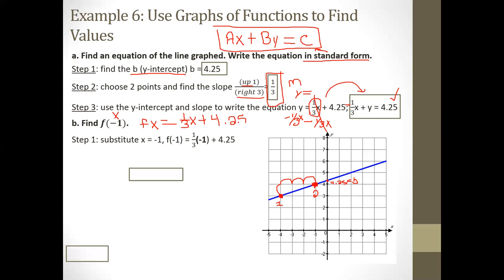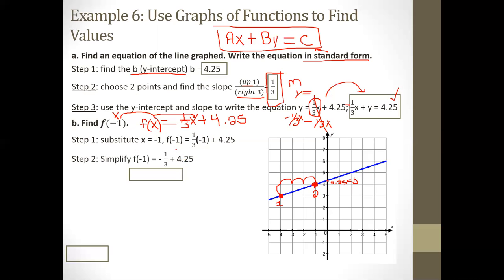So in order for us to find the value of this function when x is -1, we're going to substitute -1 everywhere we see x. So this becomes f of negative 1 equals 1/3 times negative 1, plus 4.25.